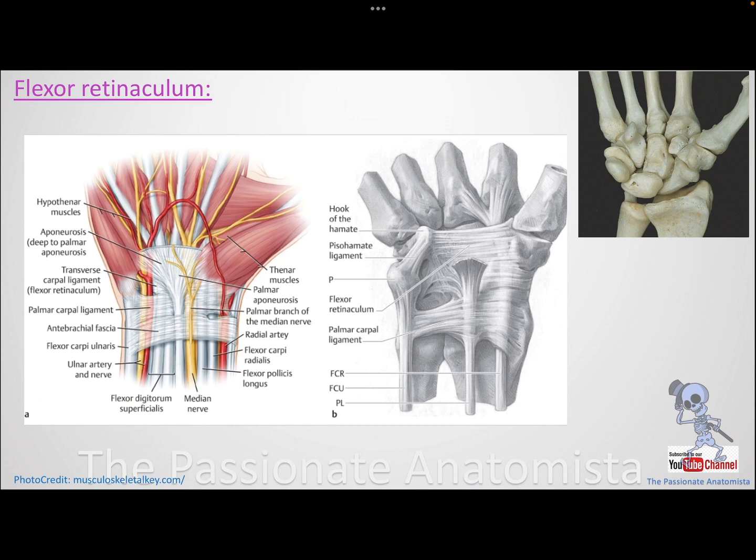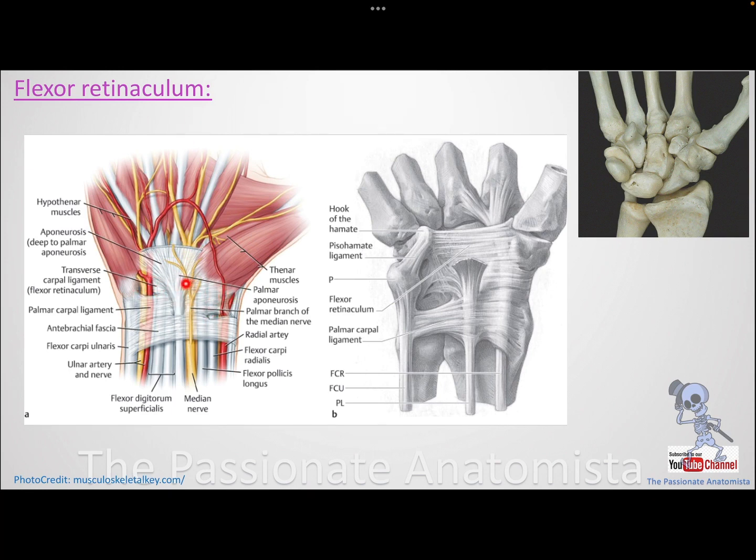Now moving on, we talked about you guys previously how the flexor muscles need to reach the structures here in the hand in order to do flexion of the wrist, flexion of the digits or whatever. We need to know that we have a very important structure called the flexor retinaculum. The flexor retinaculum, guys, is a fibrous band that is important for the support of the tendons trying to reach there.